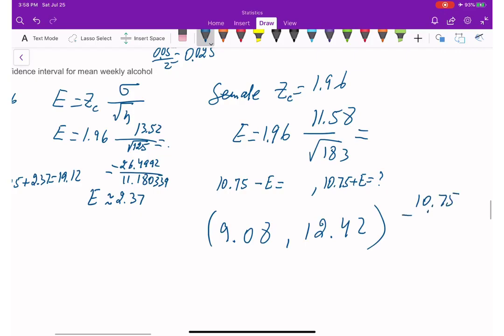Let me see, I can figure out from here how much your margin of error should be. 10.75 minus 9.08. So 15 minus 8 is 7, here is 6, 10 minus 9 is 1. You should get 1.67. That's how much your margin of error would be.